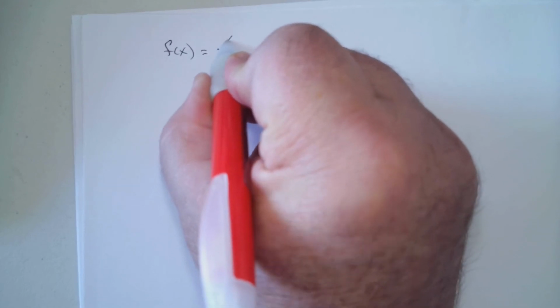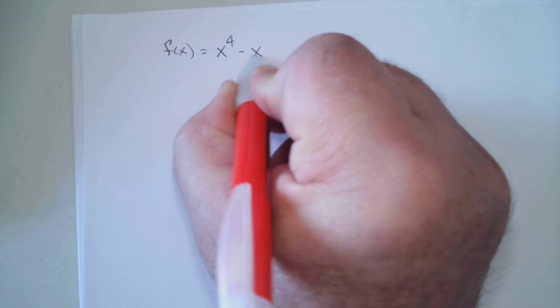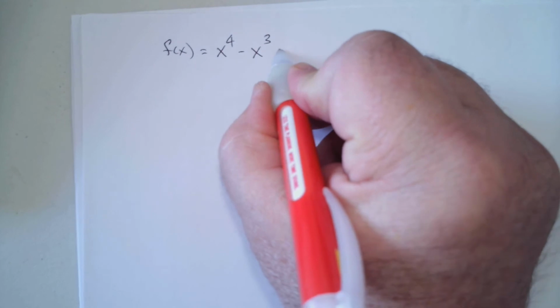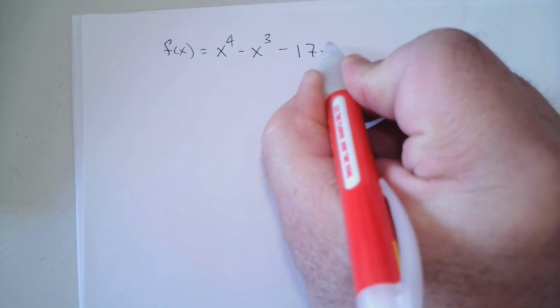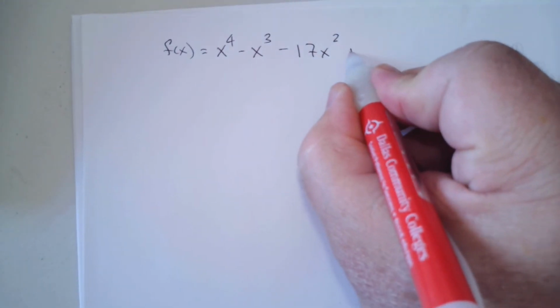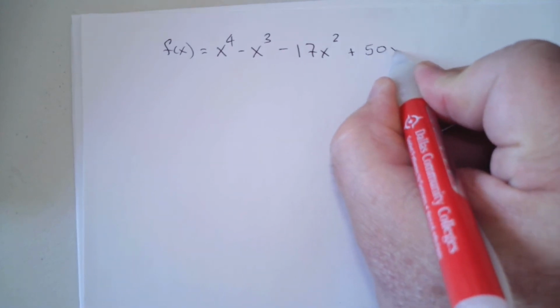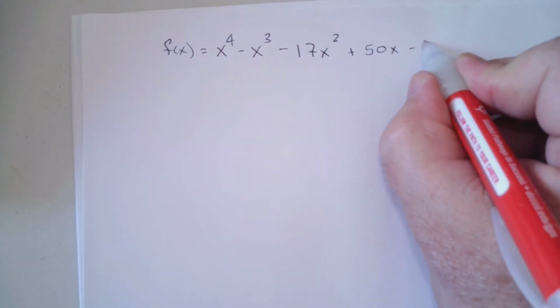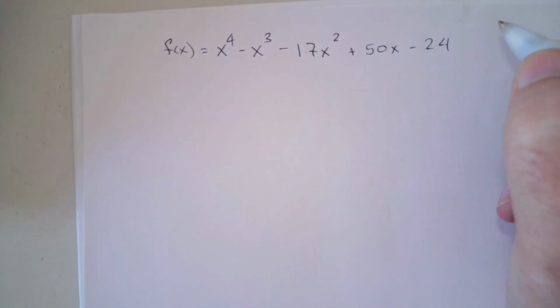So our function is x to the fourth minus x to the cubed minus 17x squared plus 50x minus 24.